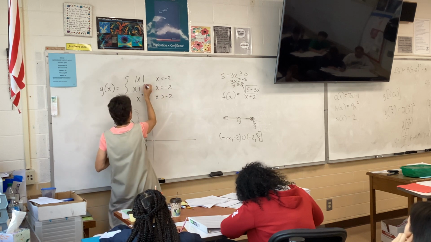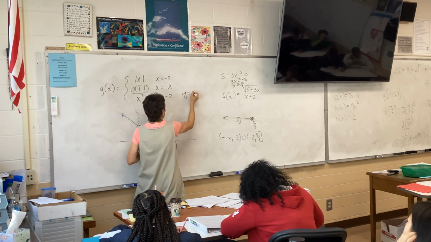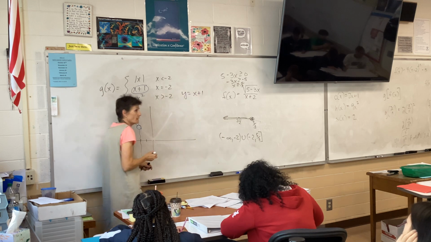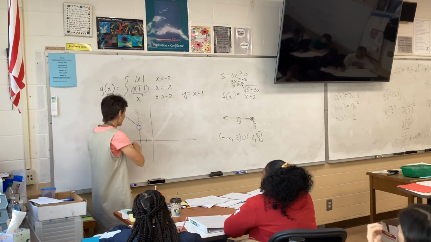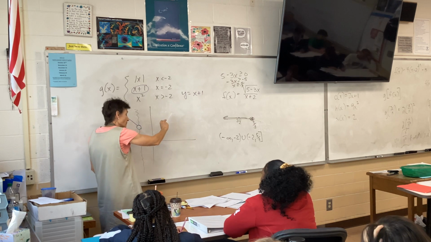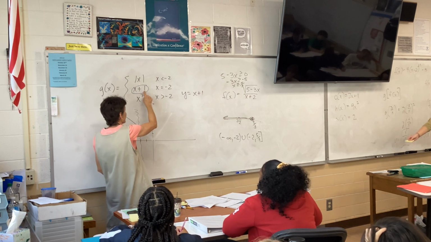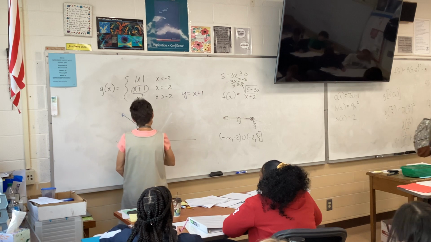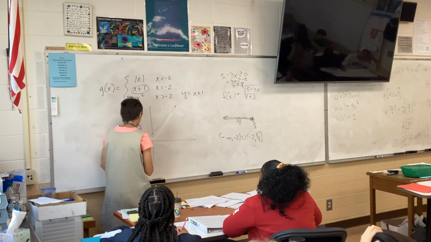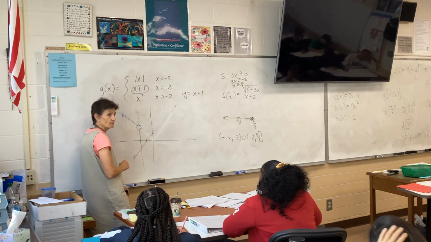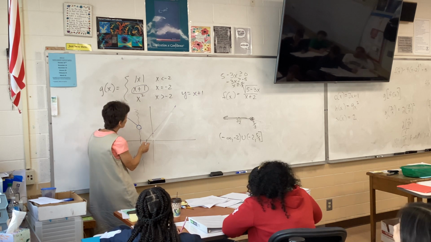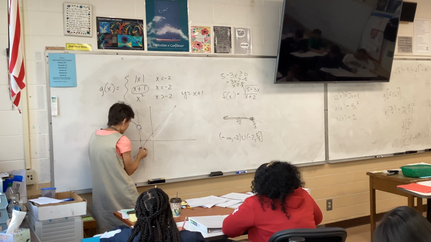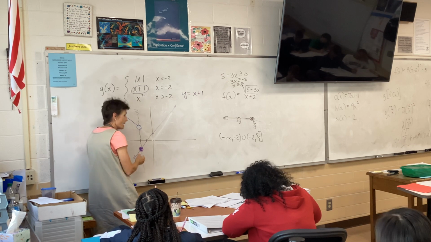Middle equation says y equals x plus 1. What does that look like, y equals x plus 1? It's a line normally through the origin, but because of the +1, it's now up 1. And it hits right here, equals, so closed dot.